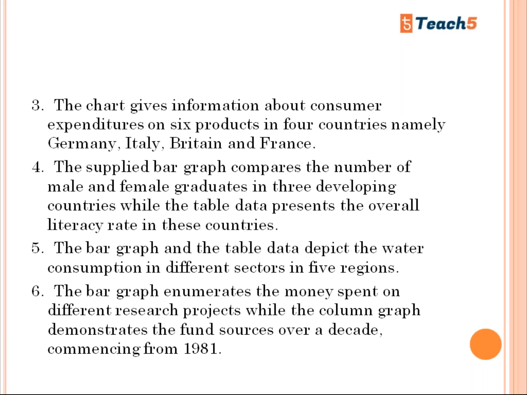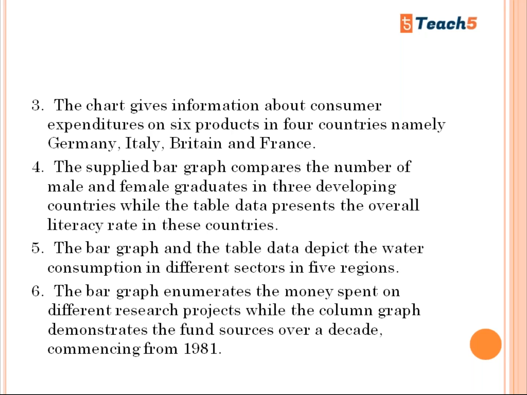There are a few more examples. The chart gives information about consumer expenditure on 6 products in 4 countries, namely Germany, Italy, Britain and France. The supplied bar graph compares the number of male and female graduates in 3 developing countries, while the table data represents the overall literacy rate in these countries.